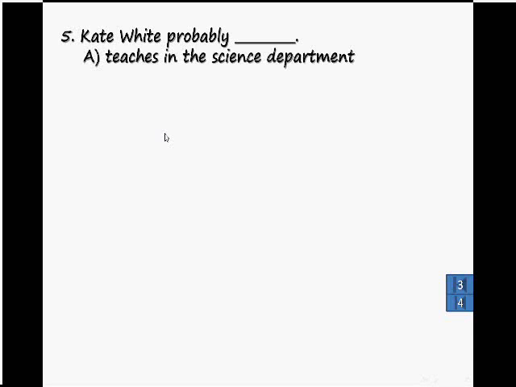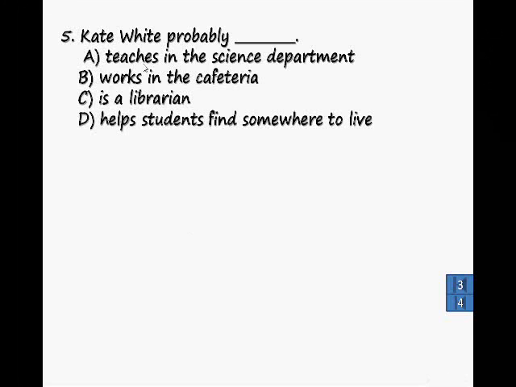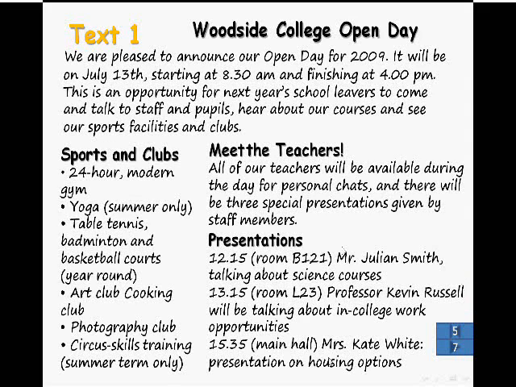Number 5, Kate White probably, and here you have the keyword Kate White, okay? So you go back to the text, and you just very quickly scan the whole part for the name Kate White, okay?